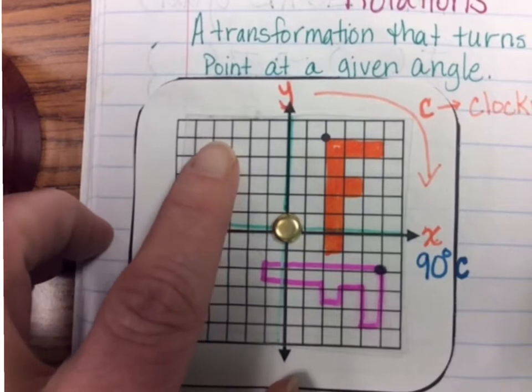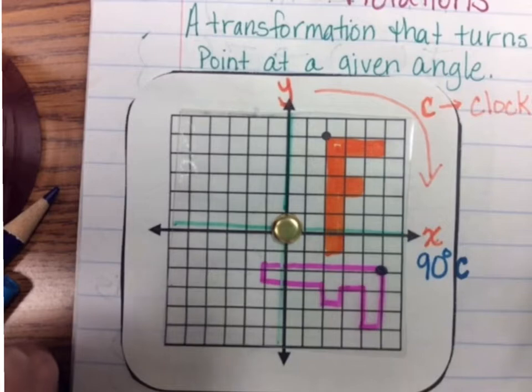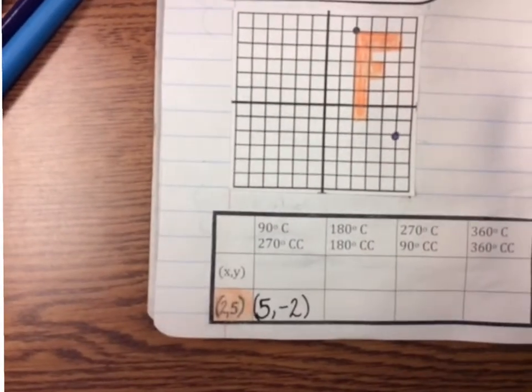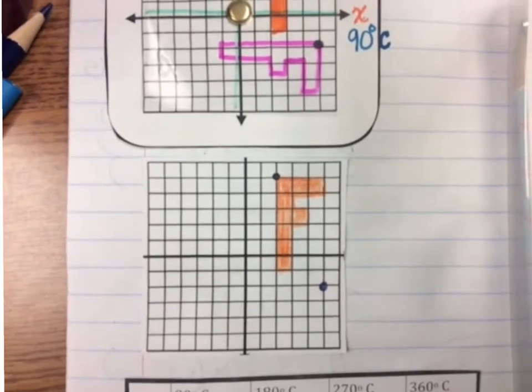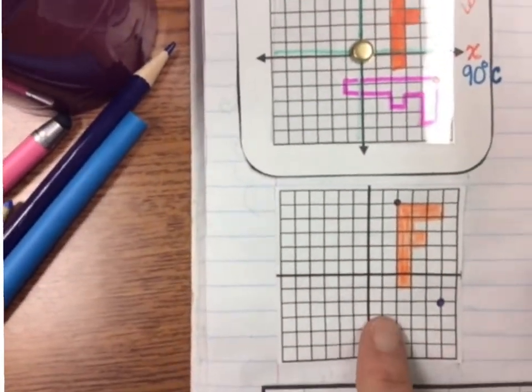Notice where your black point is now, and you're going to write the coordinates down at the bottom of the page, just like Miss White did, right there. And then you're going to transfer your F to right here.